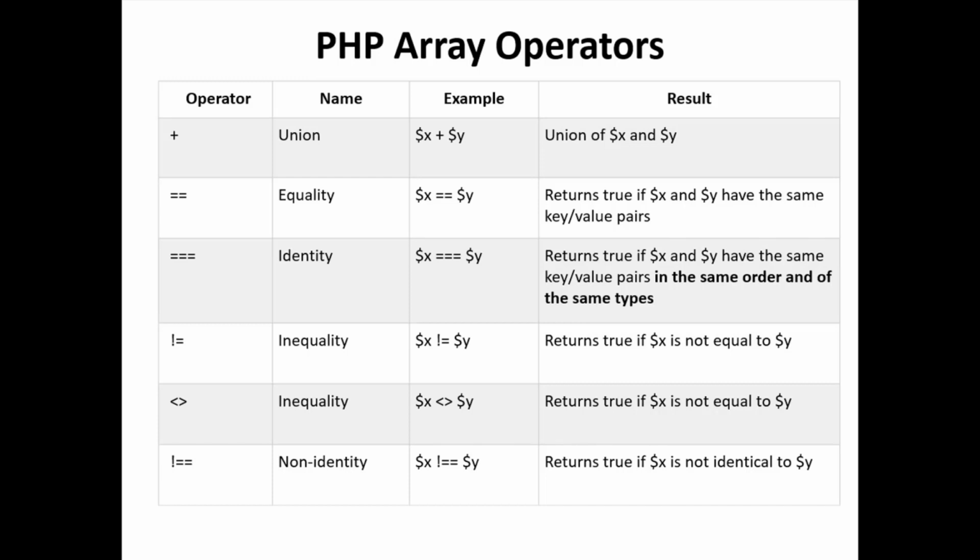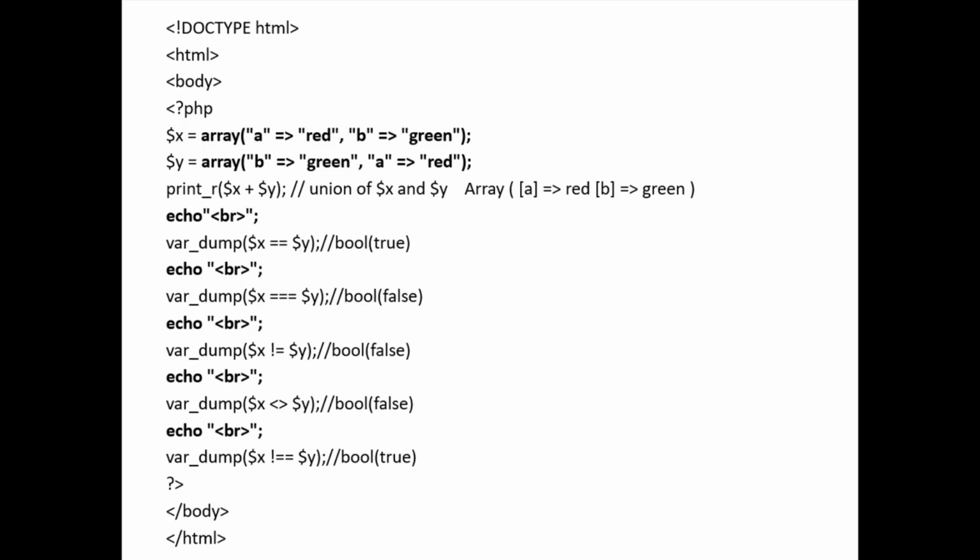Inequality returns true if $x is not equal to $y, and you can use the less than and greater than symbols as well. Non-identity, $x !== $y, returns true if $x is not identical to $y. This is a program which you can practice on.